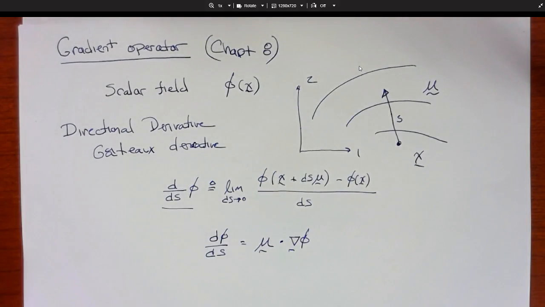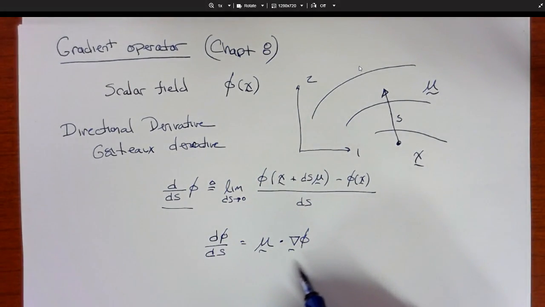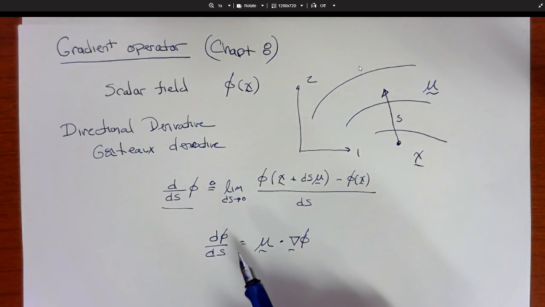But let's consider this vector operator, grad phi, which is the gradient of the scalar phi now. But let's assume for now we don't have this defined, but we're going to use this as the formal definition. So it's the vector operator that when dotted with the unit vector gives you that directional derivative in the direction defined by mu, okay? So this becomes a definition.